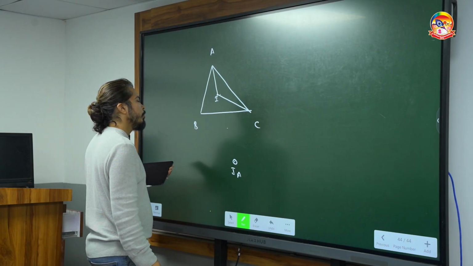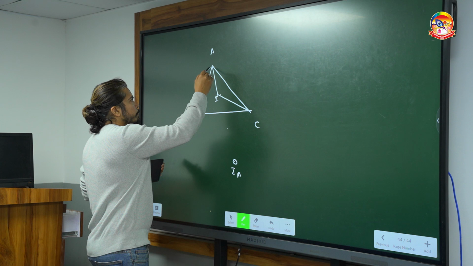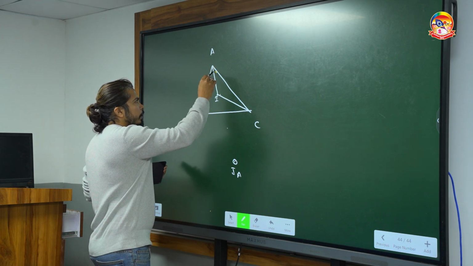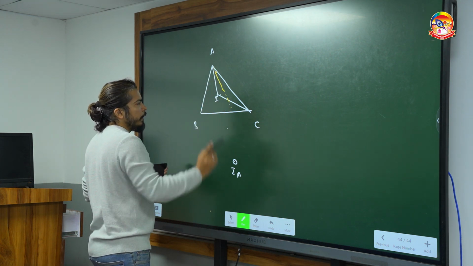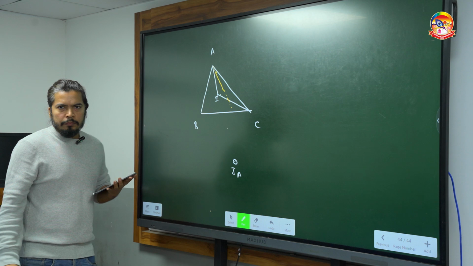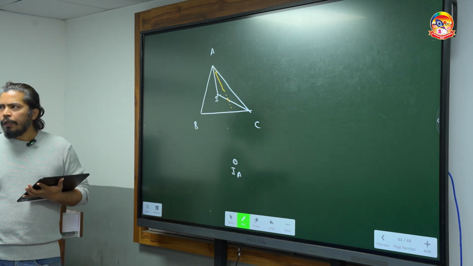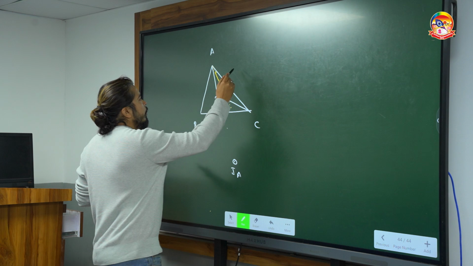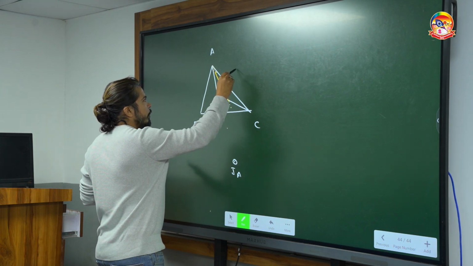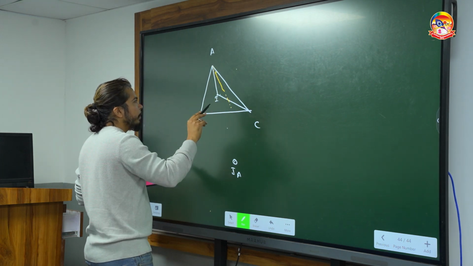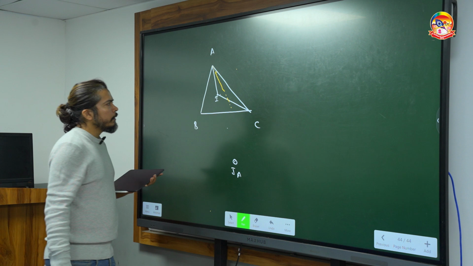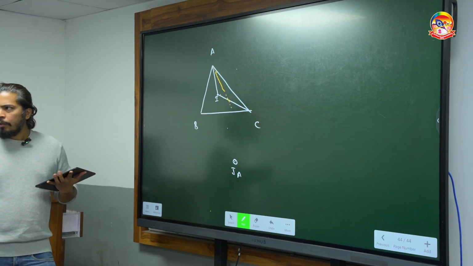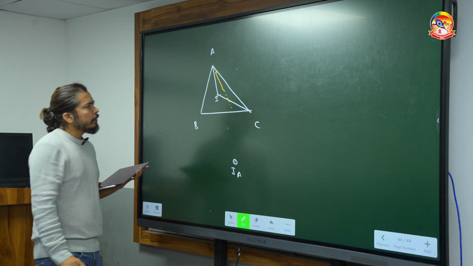Now, say I take angle bisector of A, right? Say I take angle bisector of A. What I'm trying to do here is, I'm trying to find some point here which is concyclic to A, B and C, right? So I take this angle bisector.